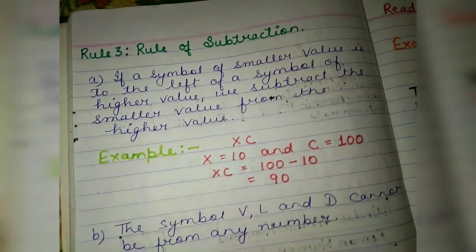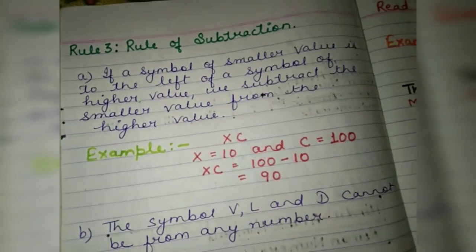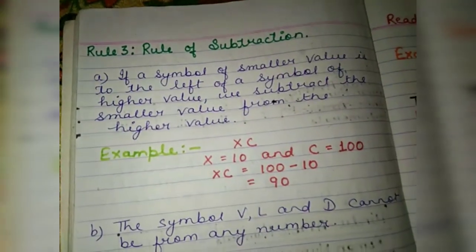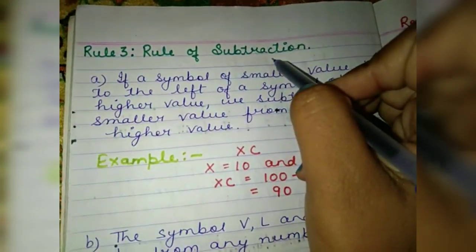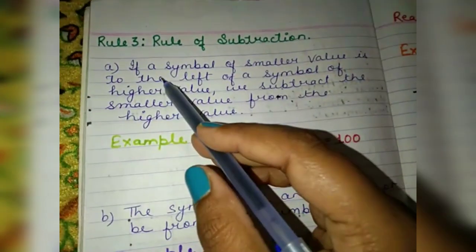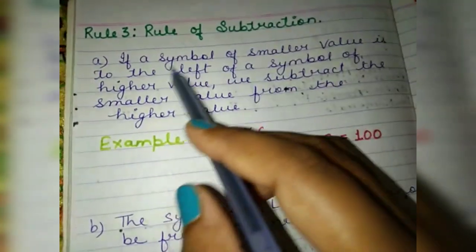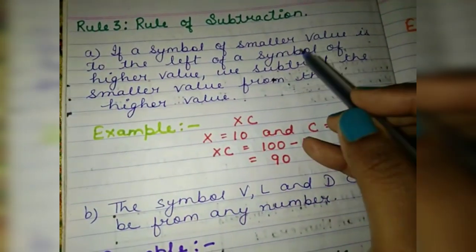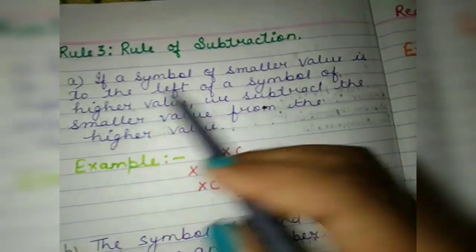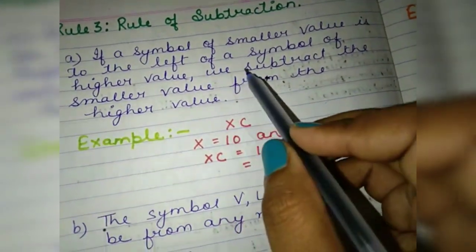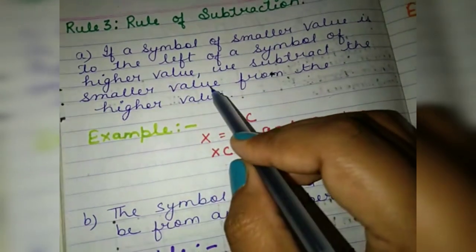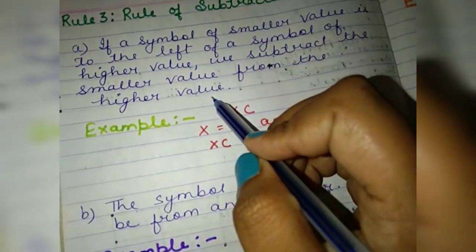Children, finally we have the third rule. The third rule is the rule of subtraction. The first rule of subtraction is, if a symbol of smaller value is to the left of a symbol of higher value, we subtract the smaller value from the higher value.